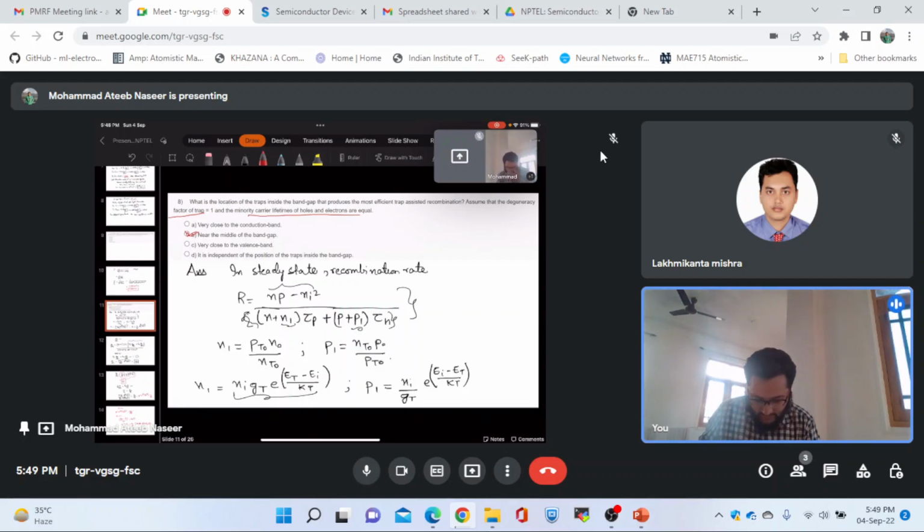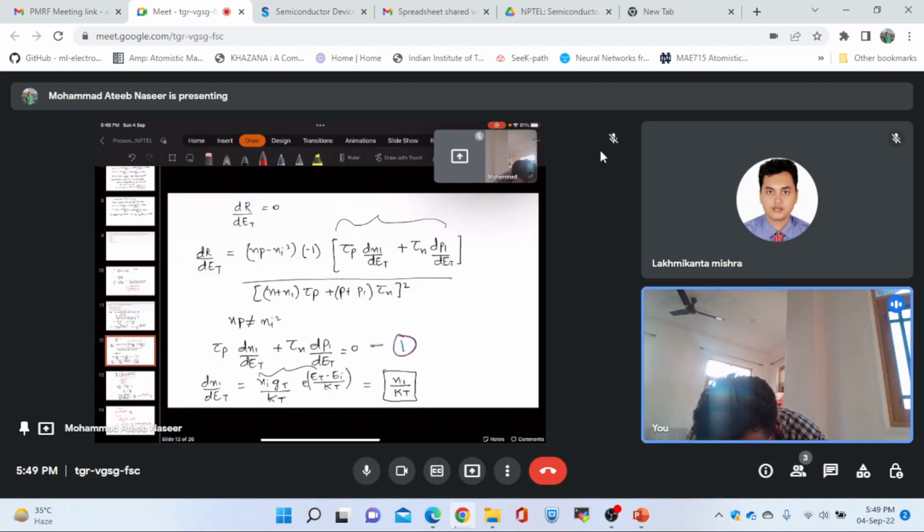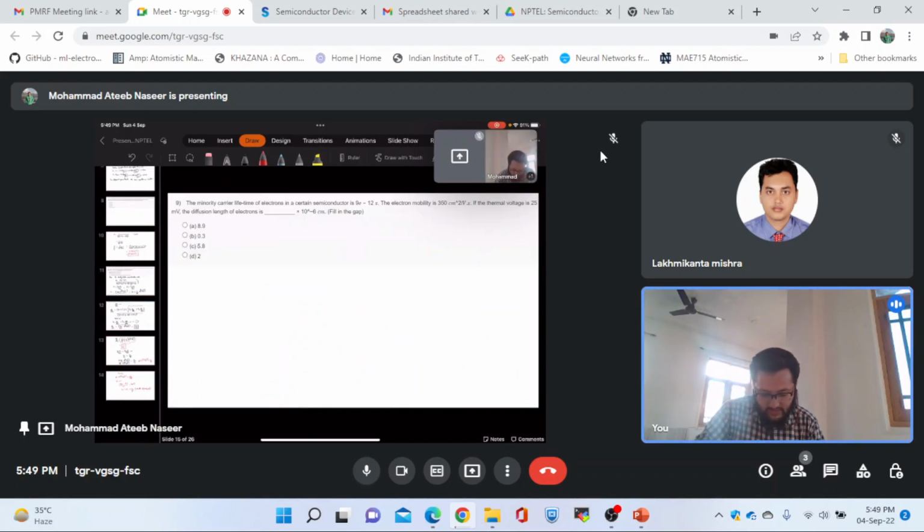Now let us move towards another problem, which states that we have been given the minority carrier lifetime of electrons in a particular semiconductor, and it is given to be equal to 9 into 10 raised power minus 12, and the electron mobility is given to be equal to 350 centimeter square per volt second, and the thermal voltage is 25 millivolts.